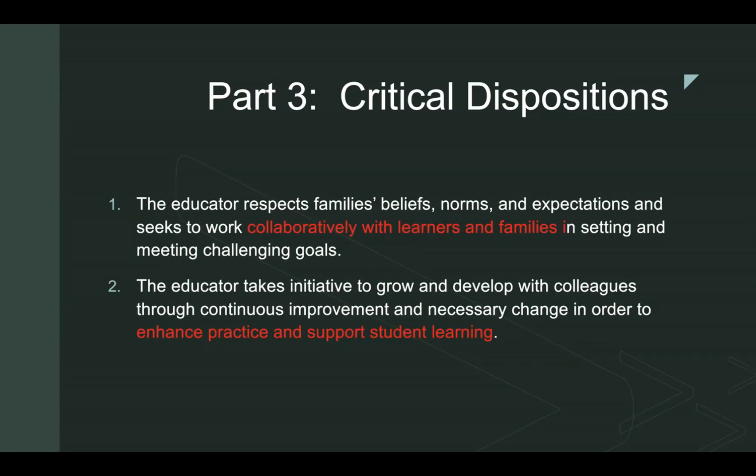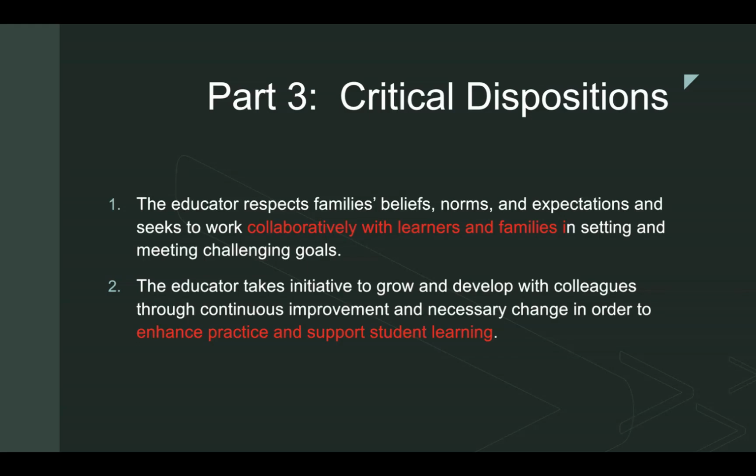So here are some important ideas or words that I found. Collaborating with learners and families, again, but also not just that. We are also talking about the attitude of respect, respecting our families' beliefs, norms, and expectations. And then the next one, enhance practice and support student learning.